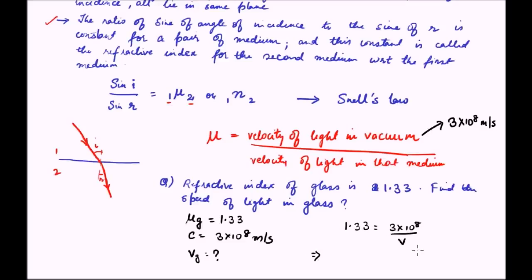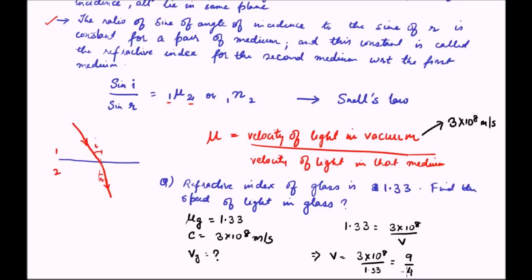If we manipulate this, v can be taken there, 1.33 can be taken here. This will give us 3 into 10 to the power 8 upon 1.33, which effectively 1.33 can be written as 4 upon 3, right?